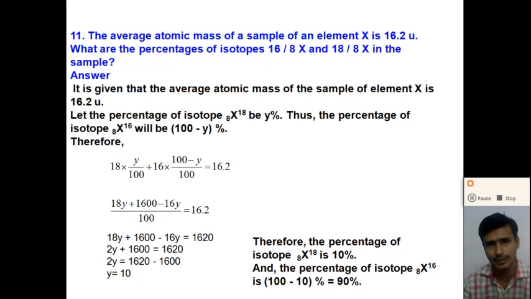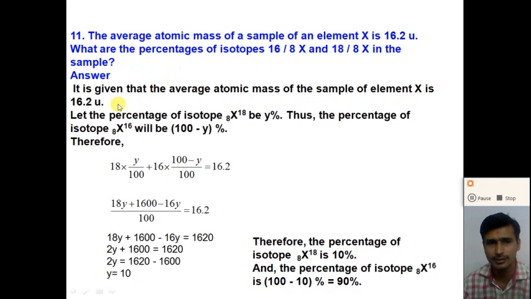But this is the exact reverse of the previous example. Here the average atomic mass is given. In the previous example, from the percentages we calculated the average atomic mass. In this example, from the average atomic mass, we need to calculate the percentages. So the average atomic mass of the sample of element X is 16.2 AMU.